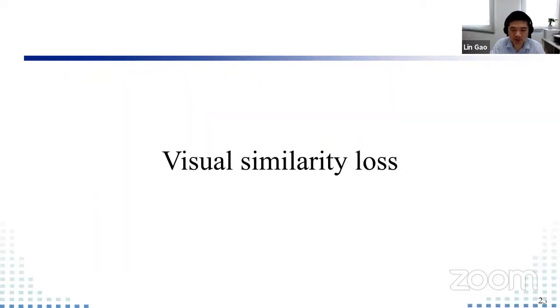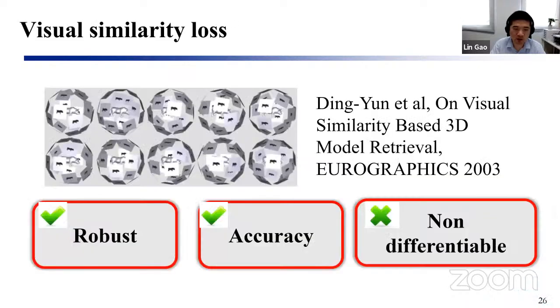Another important thing is that we want the transformed shape to be visually as similar as possible. Here we need some visual similarity loss. One very robust similarity loss is the LFD.